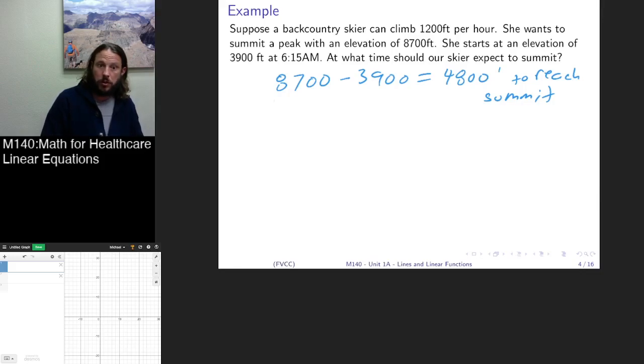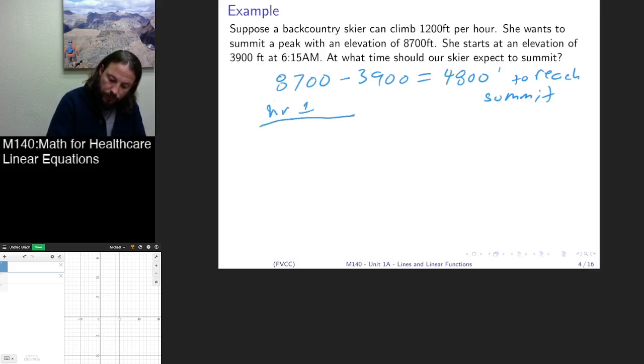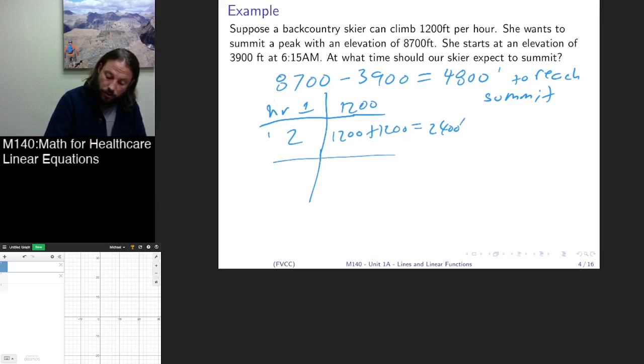Now I want you to think, how long is that going to take? We could piece it together a little bit. After hour 1, we go a distance of 1,200 feet. After hour 2, we've gone 1,200 plus 1,200, which is 2,400 feet. Hour 3, 1,200 plus 1,200 plus 1,200, or we've gone 3,600 feet.